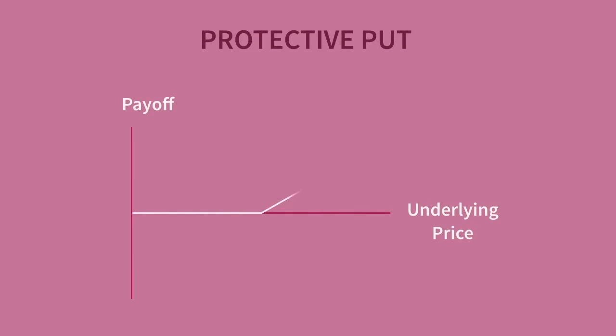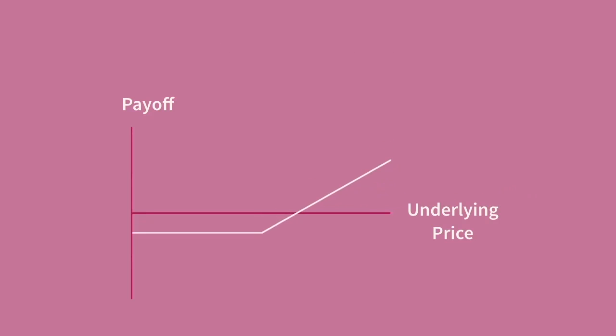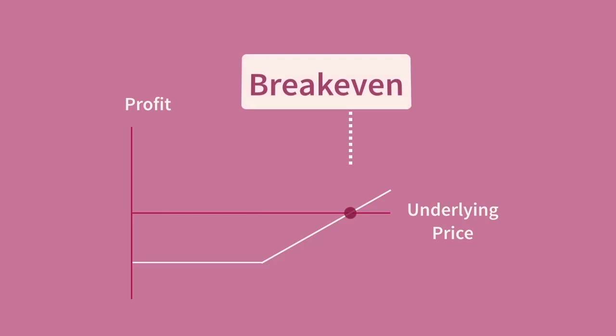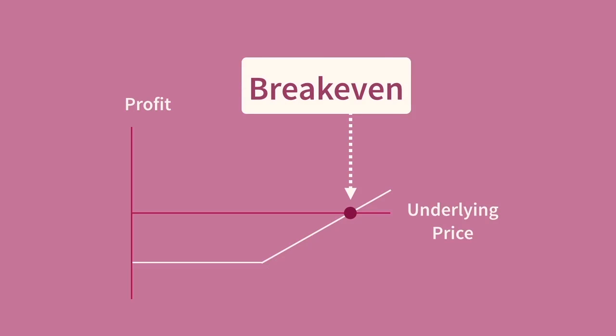Now let's look at a protective put. Again, the first thing we need to do here is to account for costs and turn this payoff graph into a profit graph. And then we can see the break-even point we are looking for. Again here, it's interesting to note that the break-even point occurs above the strike, meaning that again, this option is going to be worthless.